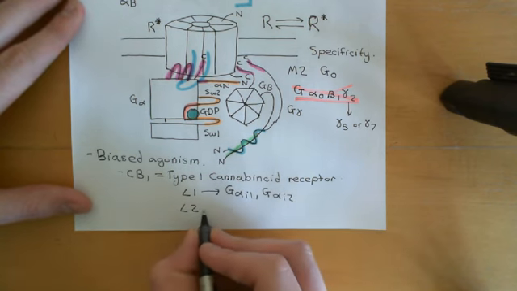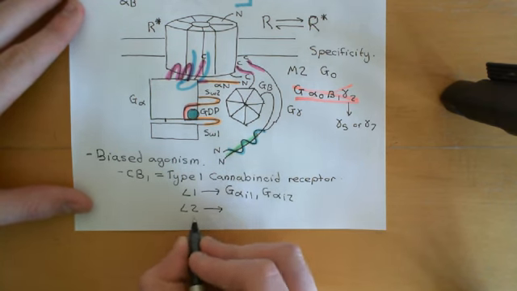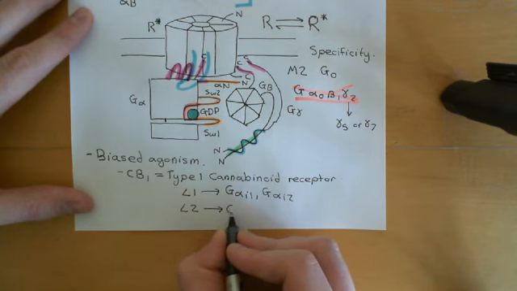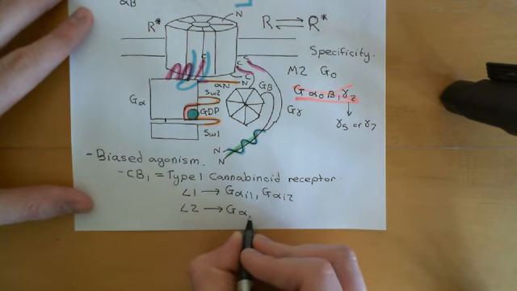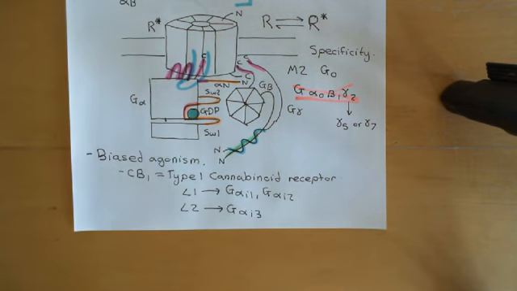Whereas, when you activate it with ligand 2, this will activate the receptor to go into a conformation where it can activate heterotrimeric G proteins with the G alpha I3 alpha subunit in.